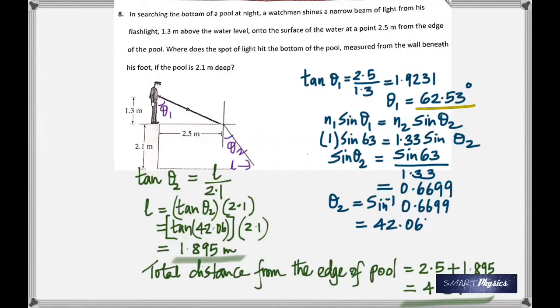Okay, now the figure should become much clearer, right? So what we found is this distance, and we had to add it to this to get the total distance. To find this distance, you have to find this angle using Snell's law. First we found theta 1, and then use that to find theta 2.